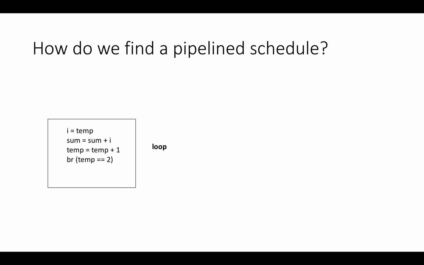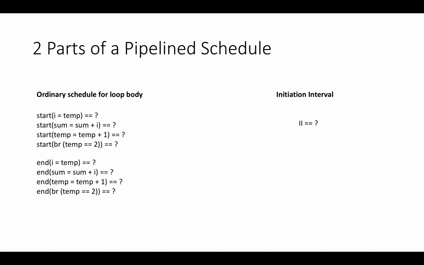Well, if you remember what we've talked about in the previous videos about pipelining and its effect on performance, a pipelined version of a loop is really two different things. It's an ordinary schedule like the one we computed in the very first explanation of HLS video, that computes start and end times for each of the instructions in the basic block. And then it's this extra variable, the initiation interval.